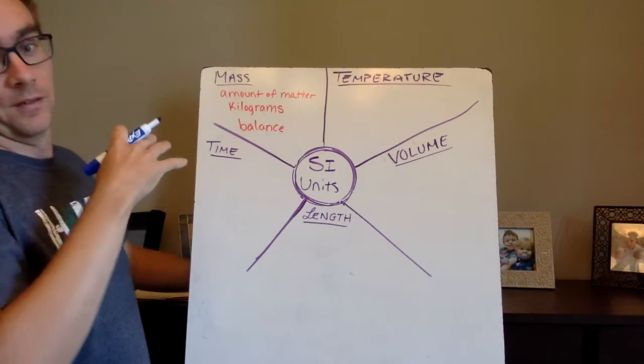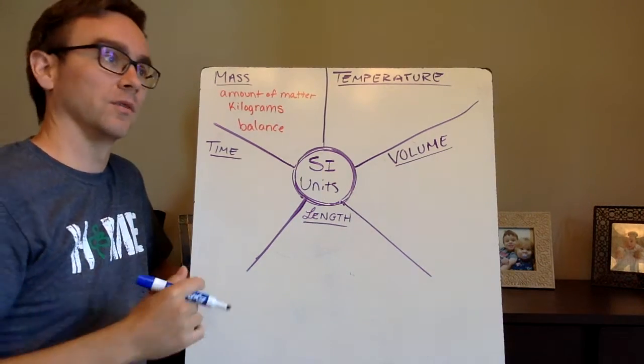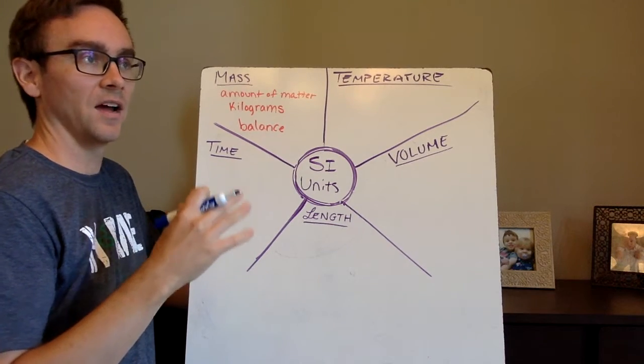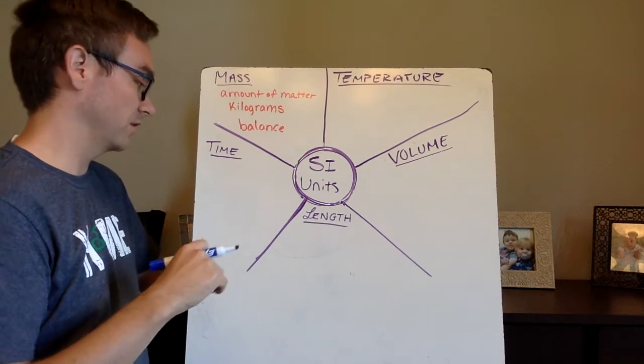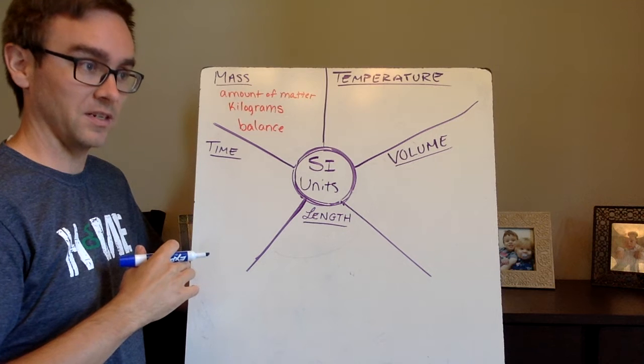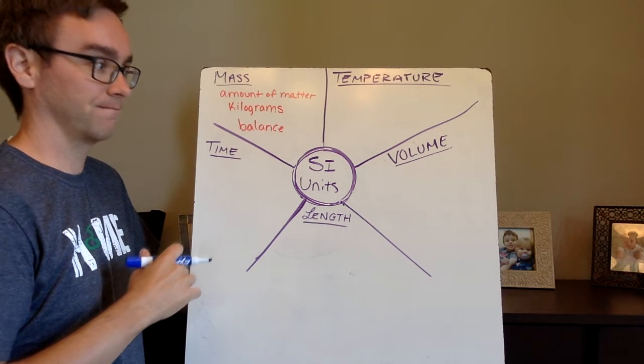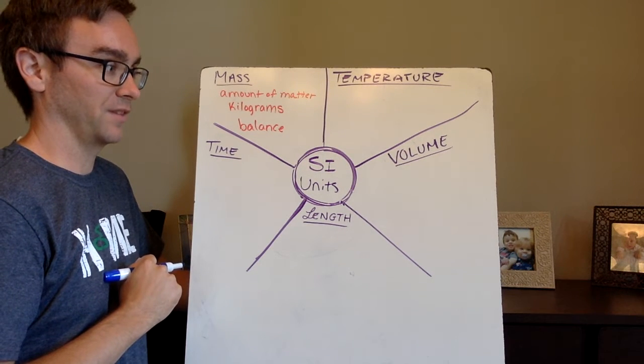All right, so let's do time. Now time, I could make some really fancy definition. We could go into Einstein and relativity and special relativity. We're just going to say basically it's the amount of, oh boy, how do I want to define this?